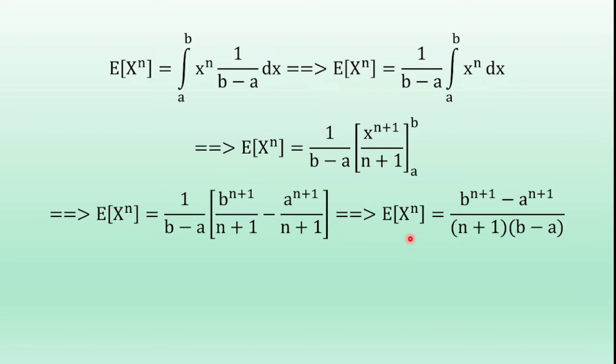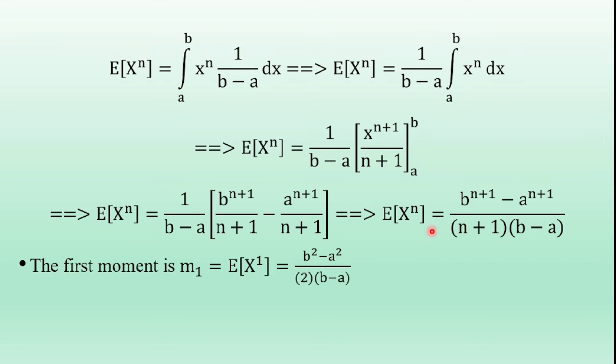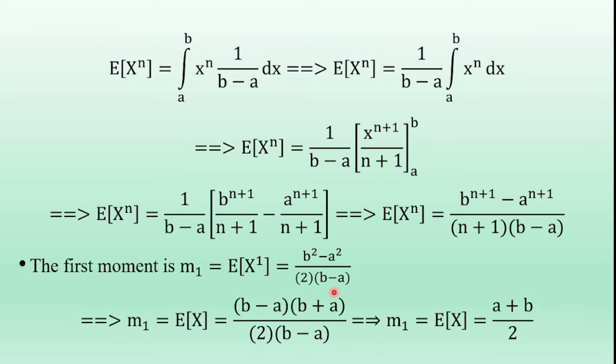Now we want to derive the mean value of the uniform random variable. In this equation, substitute small n is equal to 1, we get expectation of x is equal to (b square minus a square) by 2 into (b minus a). b square minus a square is written as (b minus a) into (b plus a), divided by 2 into (b minus a).